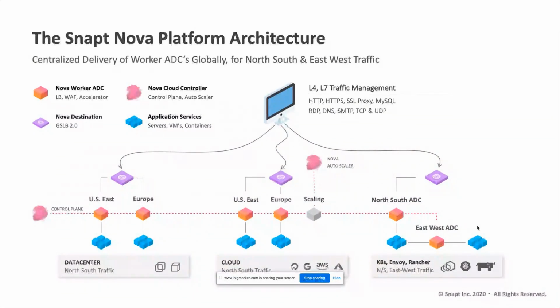There's really no limit with how platform agnostic Snapt Nova is. We can run on any of those types of infrastructures. And what we can see here is an application that is globally available. It has sites in the United States East Coast and another site running in Europe.